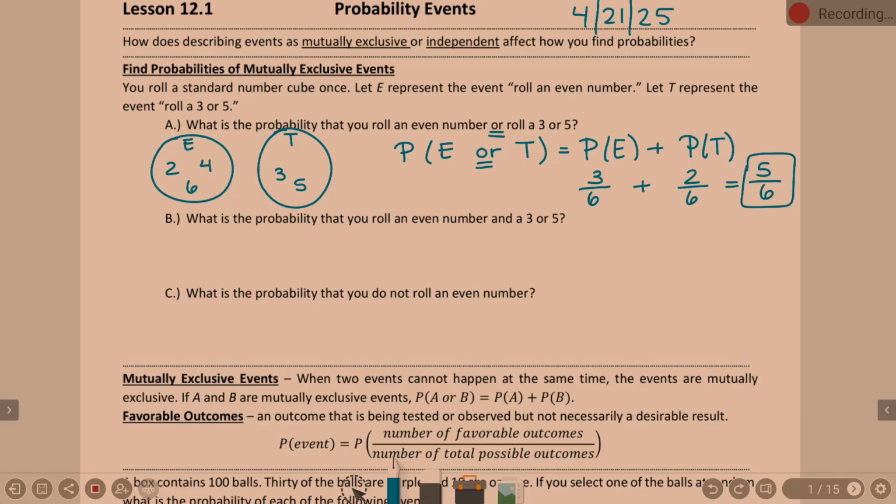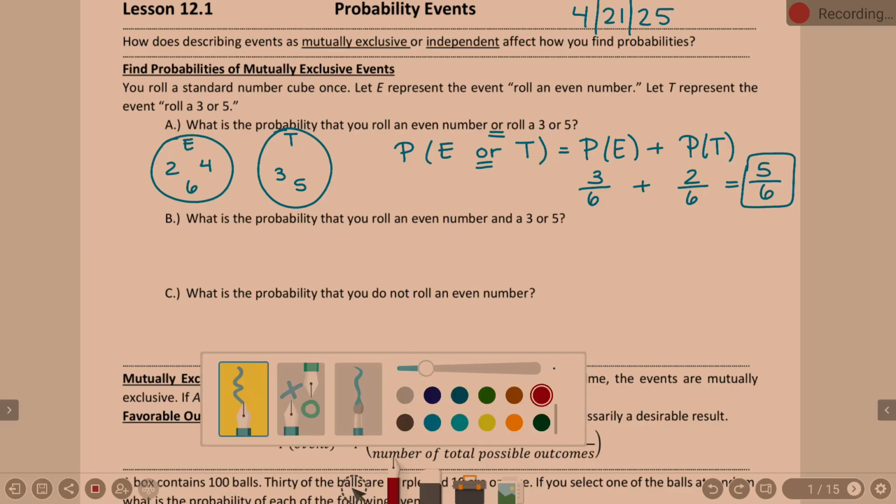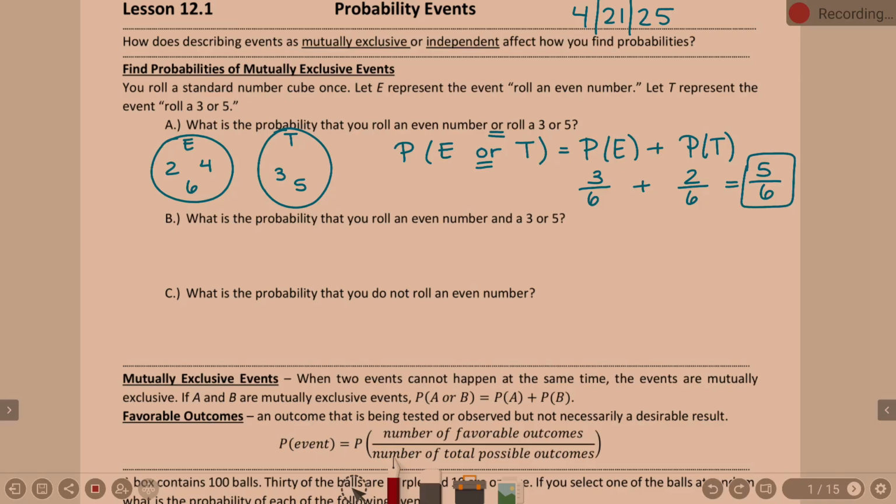Okay. Now, look at this change up. What is the probability that you roll an even number and a 3 or 5? I'm going to change up my diagram a little bit. We have event E, and we have event T. It looks like a diagram you've probably seen somewhere along the line, right? Keep in mind, event E had our evens in it: 2, 4, 6.